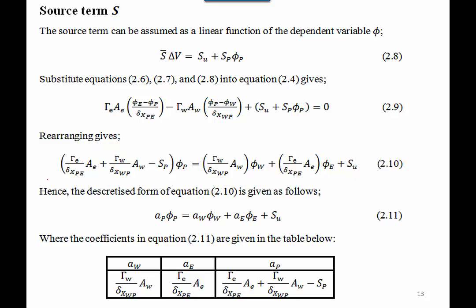This equation 2.11 is the general discretization form, and it has constant values A P, A W, and A E, and these parameters are shown in this table. So A W will be equal to gamma w divided by delta x WP multiplied by A w, and the same goes for A E. And A P will be the summation of A E plus A W minus SP.